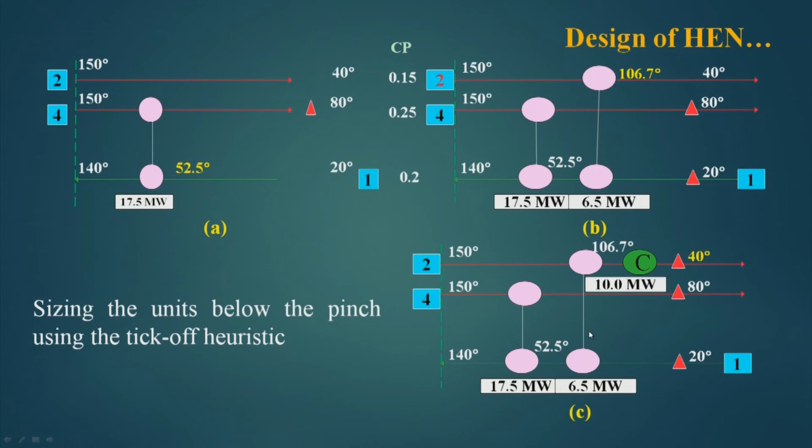Now, let us see whether the number of units target has been achieved or not. So, this is 3 streams, 1 cold stream, 4 minus 1 is 3. So, here we see 3 heat exchangers including the cooler. So, we have matched the hot utility and cold utility requirements, and we have also matched the number of units in the upper pinch as well as lower pinch area.